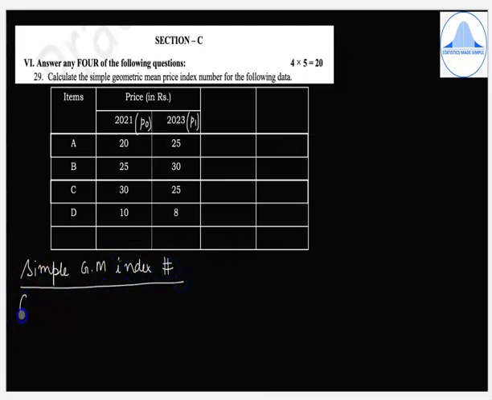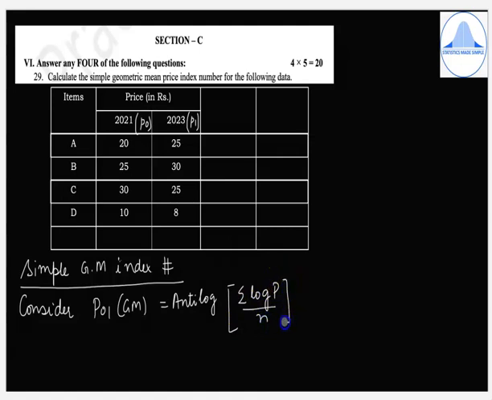So the formula is, consider P01 of GM is equal to anti-log summation log P divided by N, where capital P is the price relative and has the formula P1 by P0 into 100. So P01 of GM carries 1 mark, the formula, and the price relative formula also carries 1 mark.